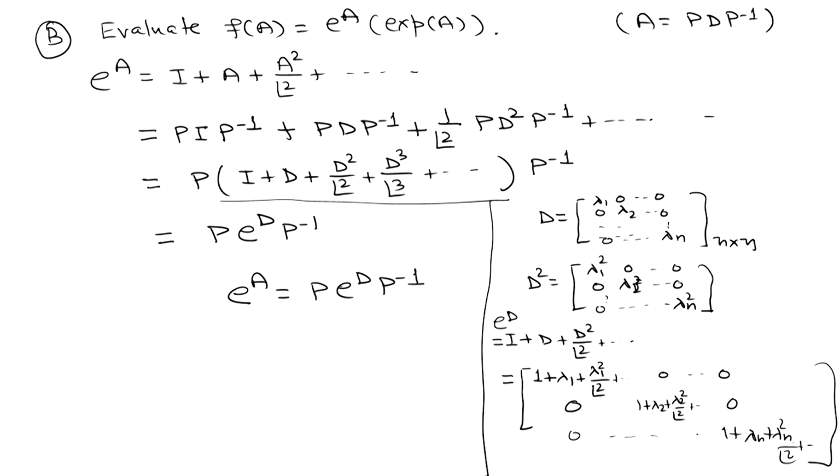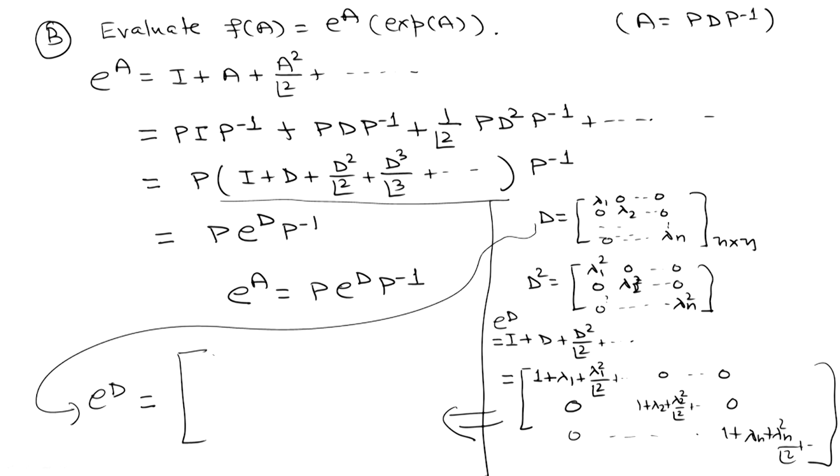So this is the matrix e raised to power D, and each entry is e raised to power lambda. If my D is this one, then e raised to power D will become the diagonal matrix with e raised to power lambda 1, e raised to power lambda 2, up to e raised to power lambda n. So you can calculate e raised to power D quite easily.